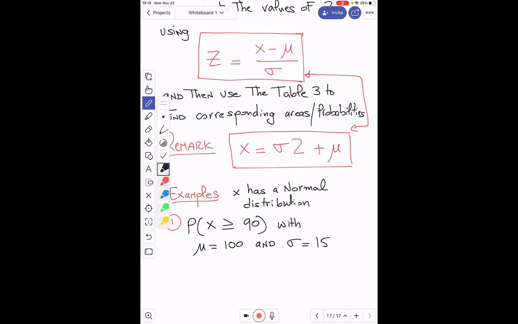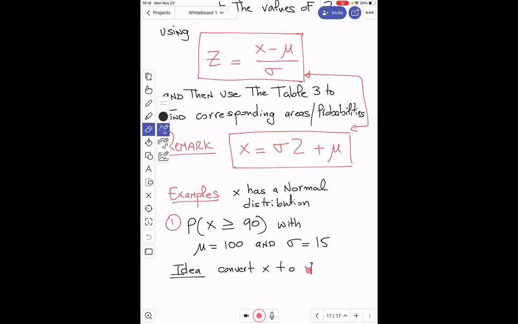So the idea here is to transform or convert x to z.